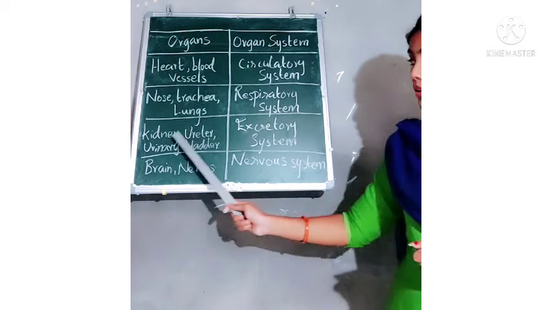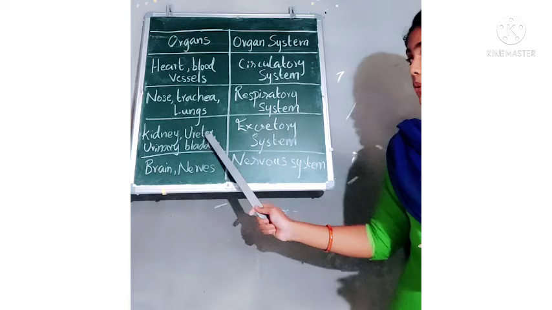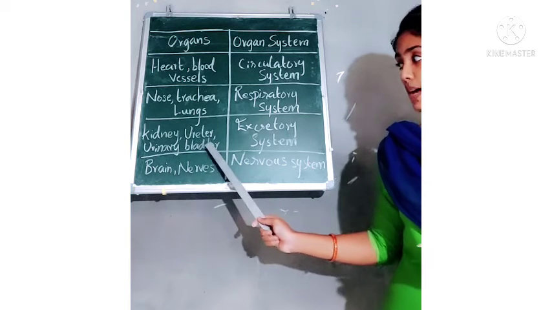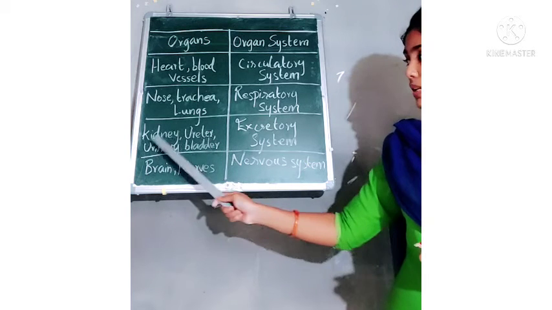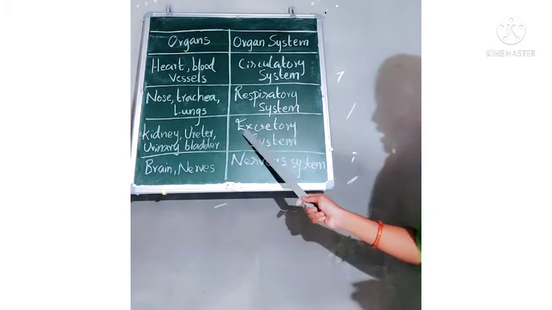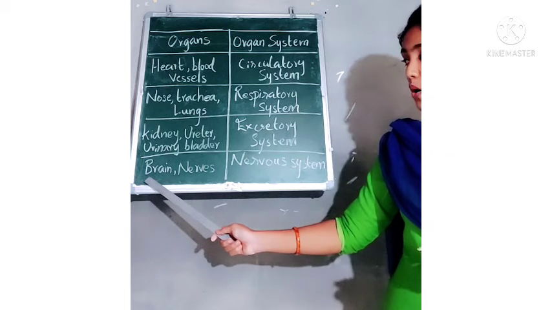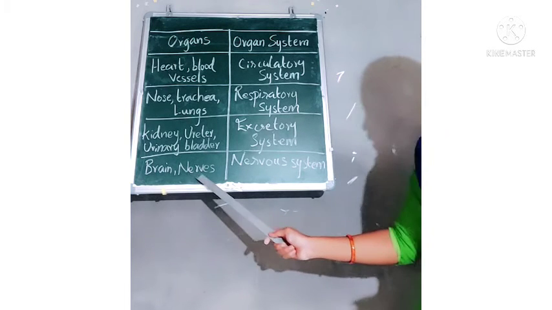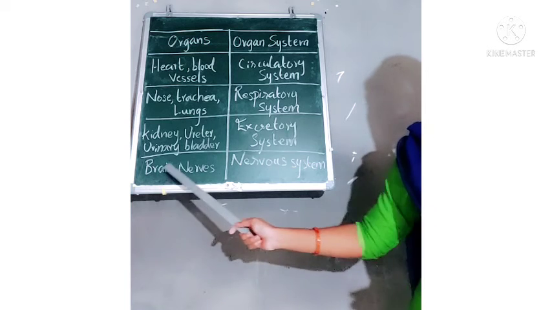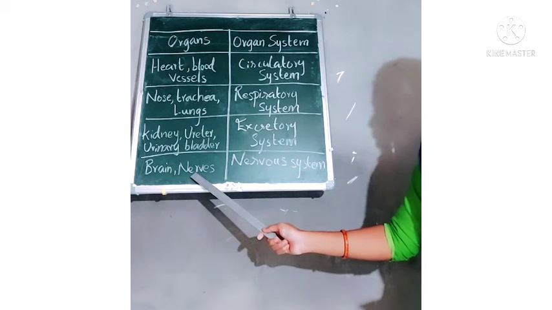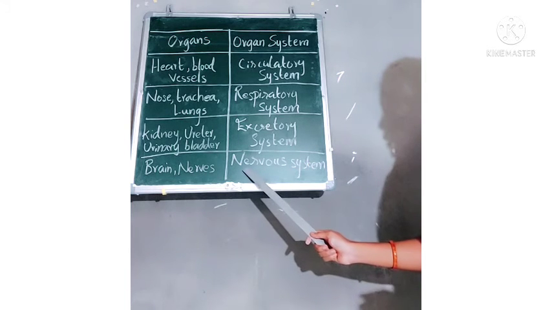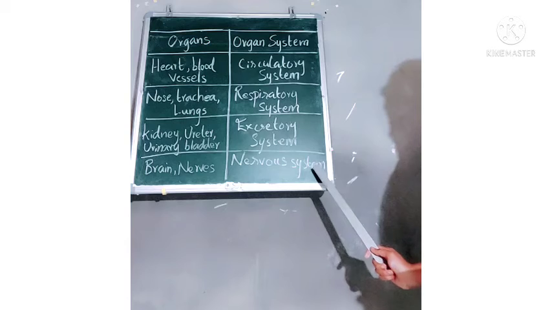Then the organs given are kidney, ureter and urinary bladder. All these organs are associated with the excretory system. And finally you can see the organs brain and nerves. So brain and nerves are associated with the organ system which is called the nervous system.